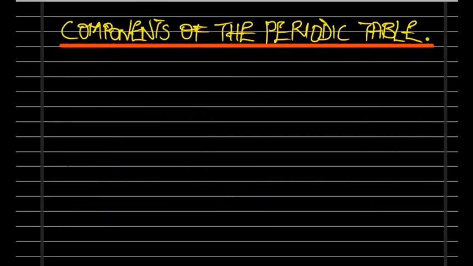Components of the periodic table. Now when we talk about the components, we understand that the periodic table is majorly constructed using rows and columns. So we have the vertical part of the periodic table, or the verticals in the periodic table, to be what we refer to as the groups.